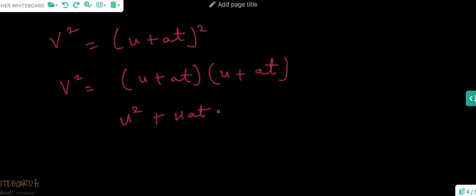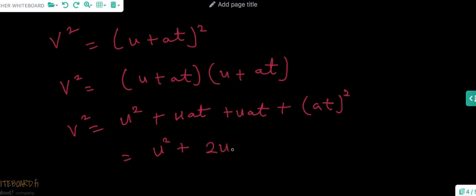U times at again gives you uat. Then at times at gives you at, then square. Remember, v square equals this. So here you have u square plus 2uat plus (at) all square.